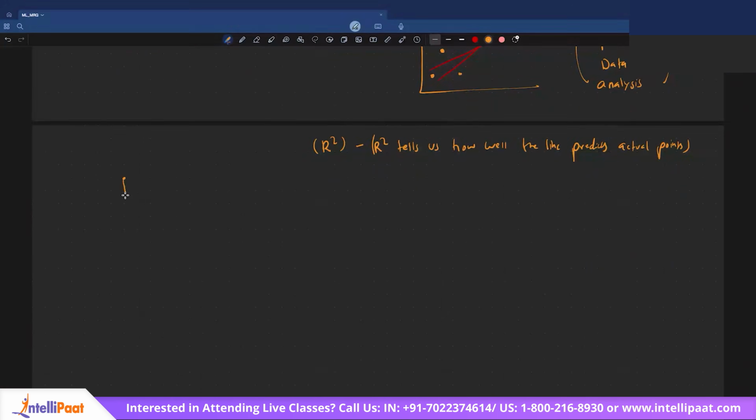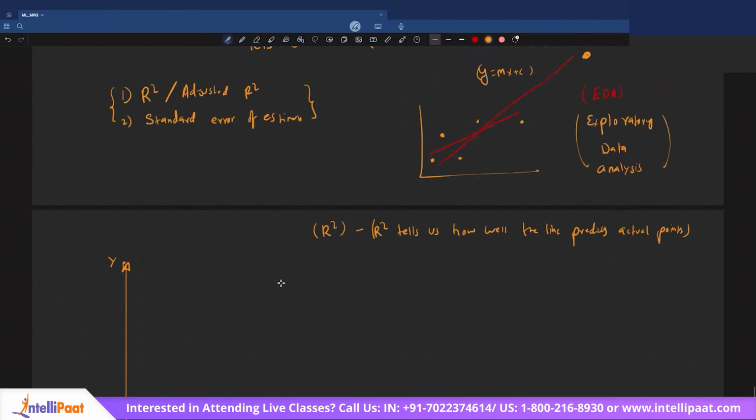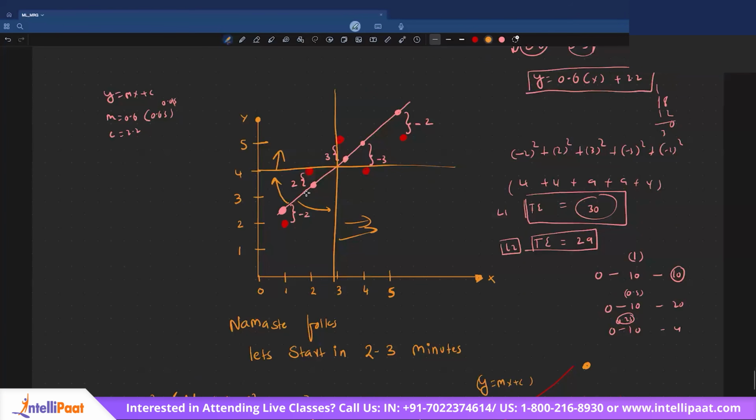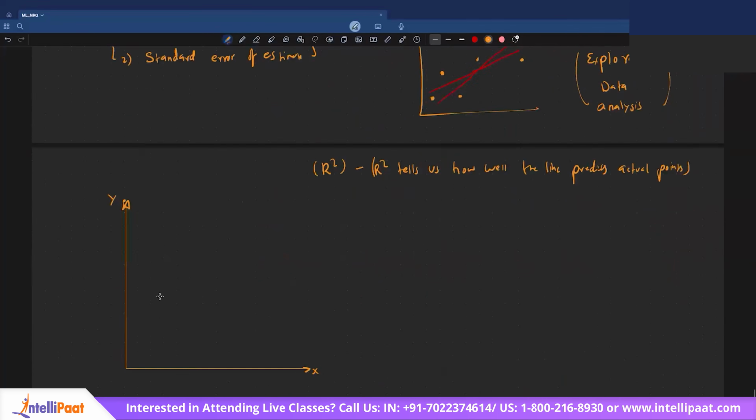Take a linear regression line. Listen to me carefully. For example, if this is the y-axis and this is the x-axis, and suppose you have data points like 1, 2, 3, 4, 5, like this.